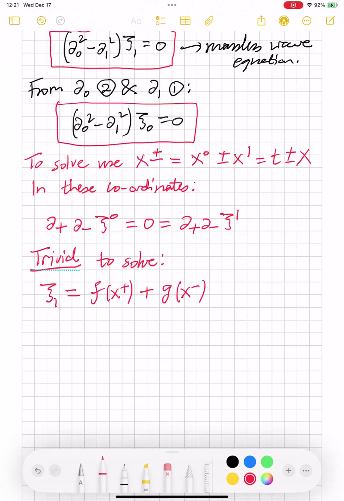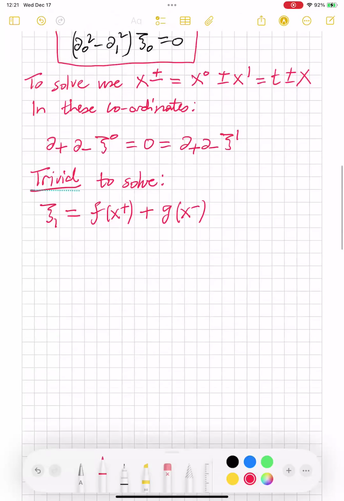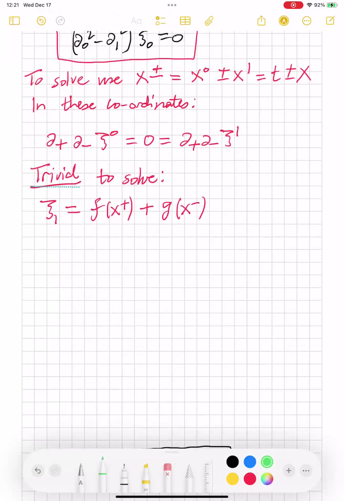So this should be completely clear to you, but let's discuss it a little. If we take d minus of zeta 1, then d minus will actually kill f completely. We'll land up with d minus of g. If we now take a d plus on d minus of zeta 1, we get 0 because d minus g is only a function of x minus, so it's annihilated by d plus.